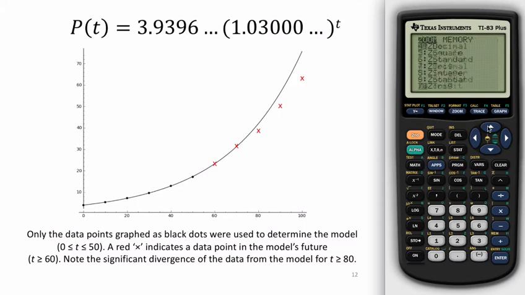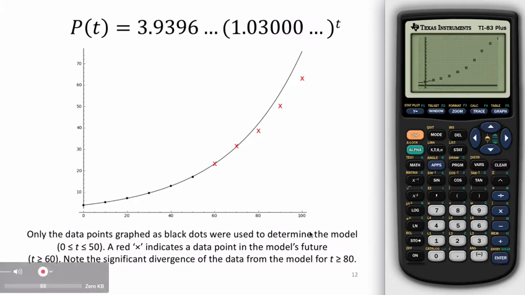If I hit zoom stat now, we have to be careful when we read this. The first 1, 2, 3, 4, 5, 6 data points went into generating that model. The last 3 data points did not.